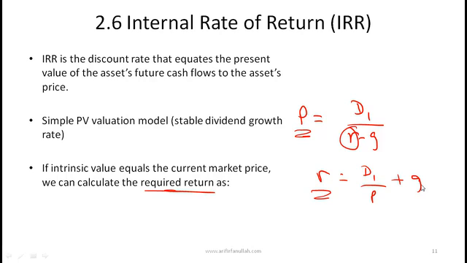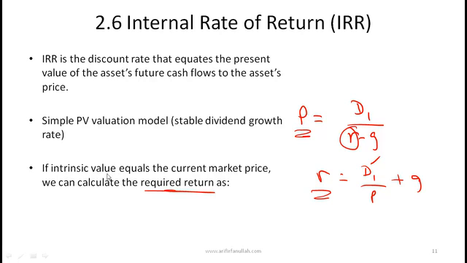If you are trying to be very precise, you would call this an expected number. Anything based on expected things in the future, such as D1 is expected, G is expected, is an expected return. But if you recall from Level 1, if the market is efficient, then the expected return is equal to the required return, and that's the point made here.